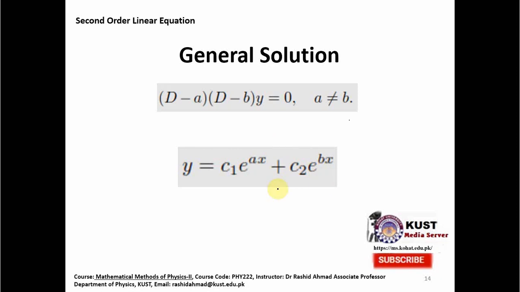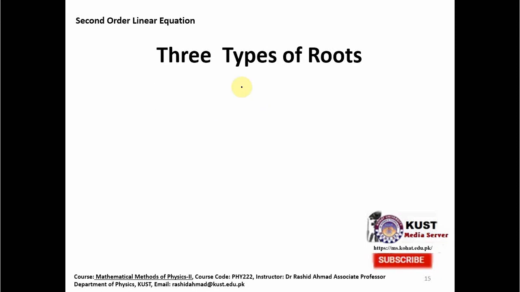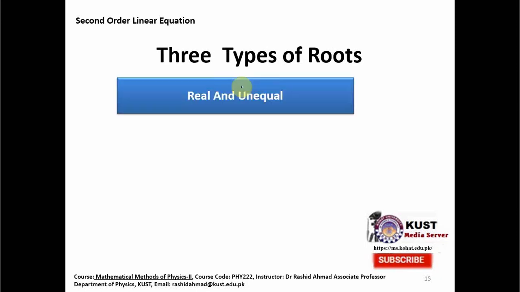Okay. So here an interesting question arises about the values of a and b. As you can guess, we have two constants a and b, and there are three types of roots that we can have. For example, we can have real and unequal roots, which we have already treated, because in the previous case the roots were -1 and -4, which were real and unequal.